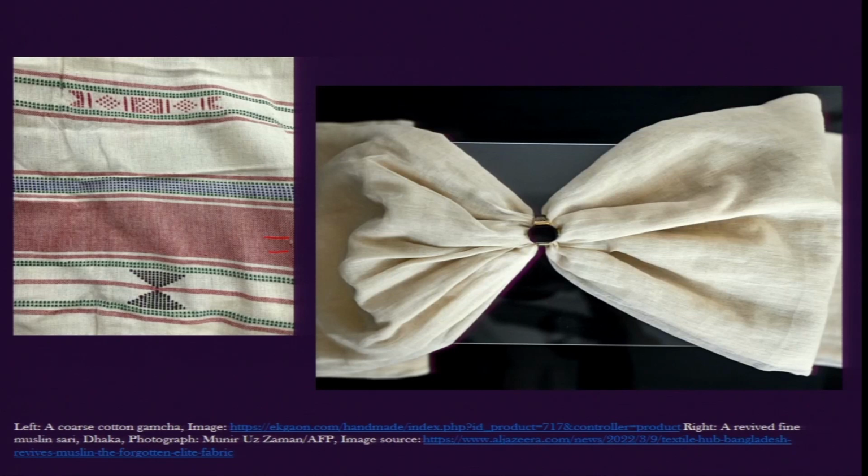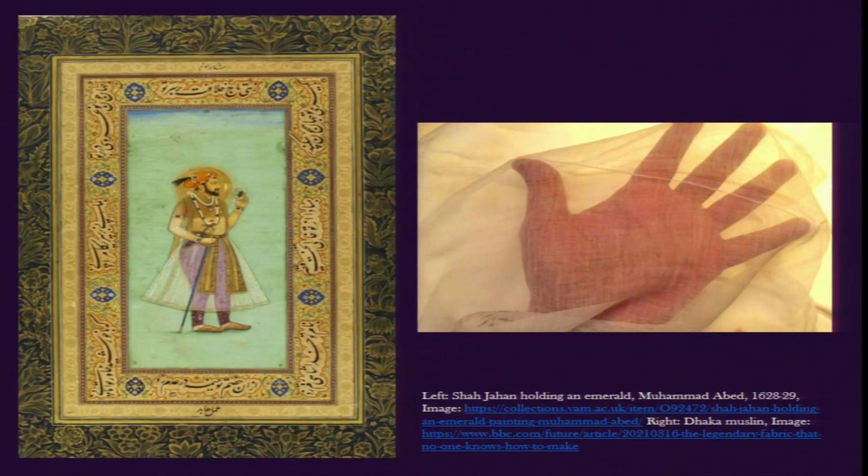So we are talking about fabric which is almost like air, and that's the reason we can see this kind of flexibility. If we compare it to the one on the left side of the screen, the coarse cotton textile cannot have this kind of character that we have for muslin.